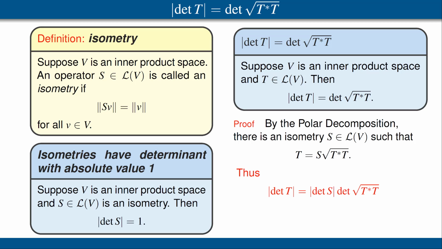Now let's use the result in the first column at the bottom, which says that the determinant of S has absolute value 1, to get the following equation. And now if we look at the two parts of the equation in red, we see that we have the desired result. The absolute value of the determinant of T is equal to the determinant of the square root of T star T, completing the proof.